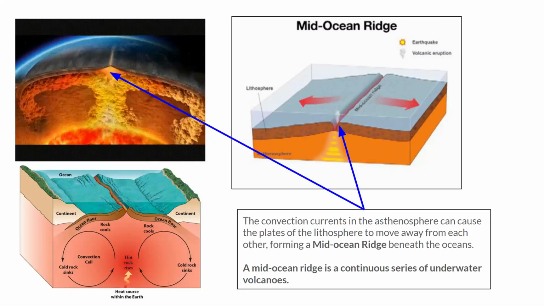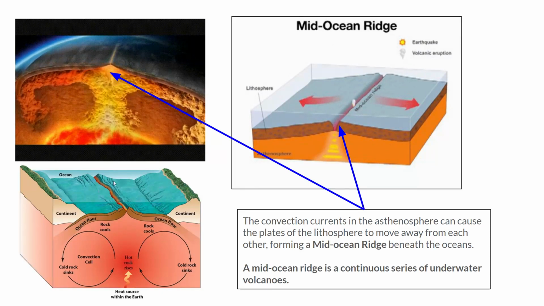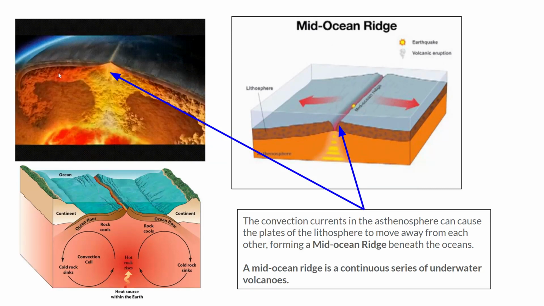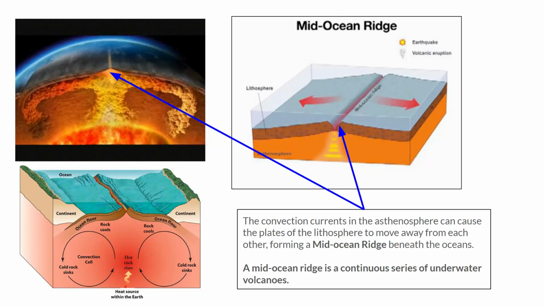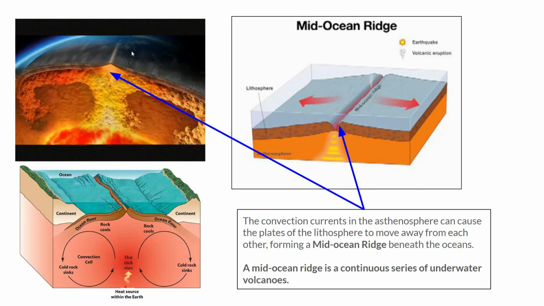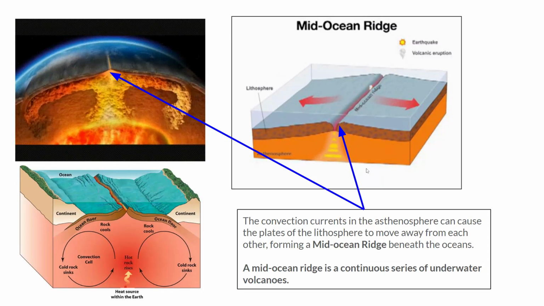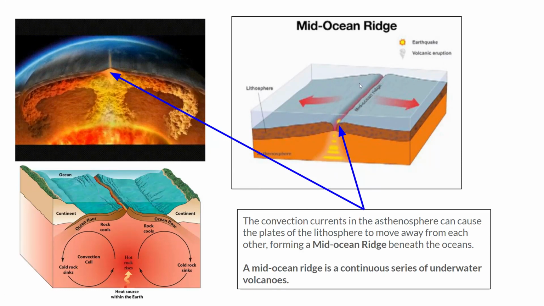So, what happens is, since the asthenosphere is going through these convection currents from the heat, sometimes as the asthenosphere is moving, it will cause the plates in the lithosphere above it to move with it. And sometimes the plates of the lithosphere, the pieces of the lithosphere, will start to move away from each other because of the convection currents within the asthenosphere, as you can see here.